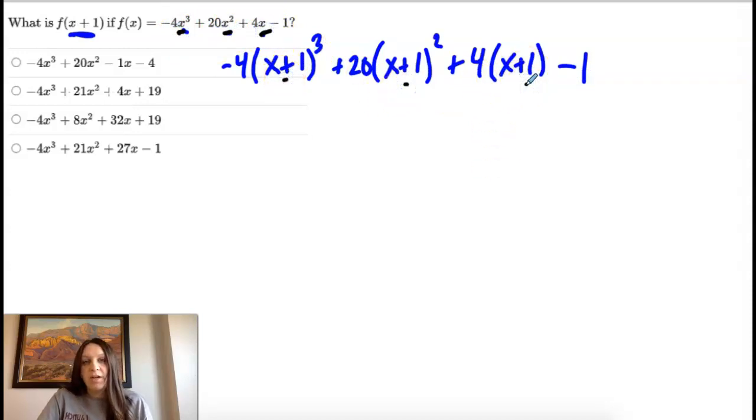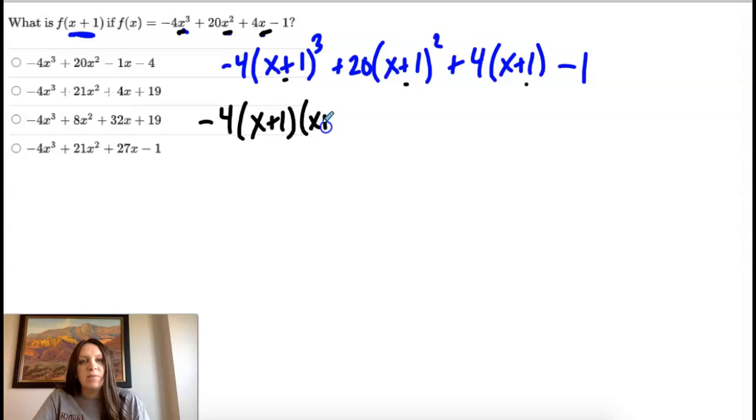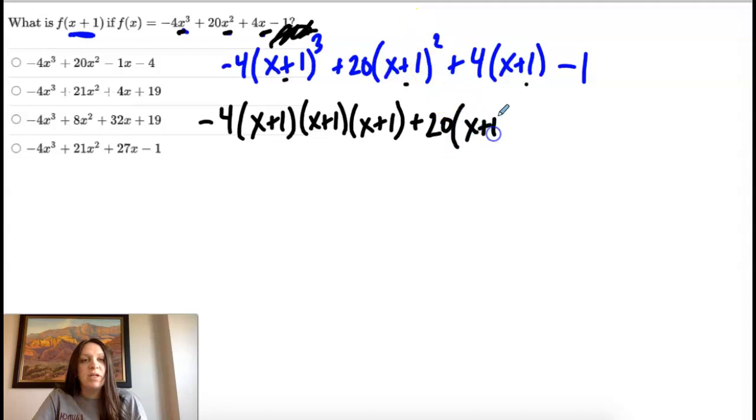So this requires a lot of simplifying. We know that x plus 1 cubed is really x plus 1 times x plus 1 times x plus 1. We cannot just distribute. That's not okay. We have to multiply it by itself 3 times. And same thing on our next term. This is really x plus 1 times x plus 1.